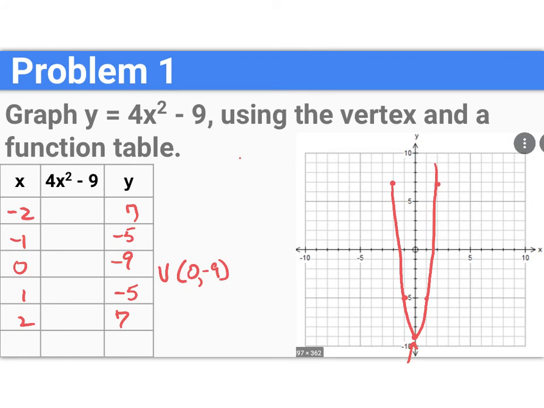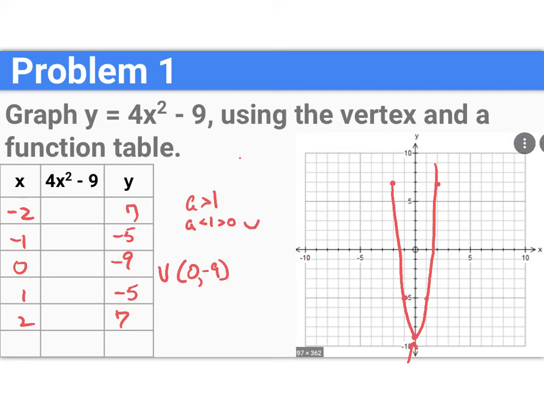So this is what I want to tell you. When your A gets bigger than 1, your parabola gets skinnier and skinnier. When your A is less than 1 but bigger than 0, your parabola gets fatter and fatter.